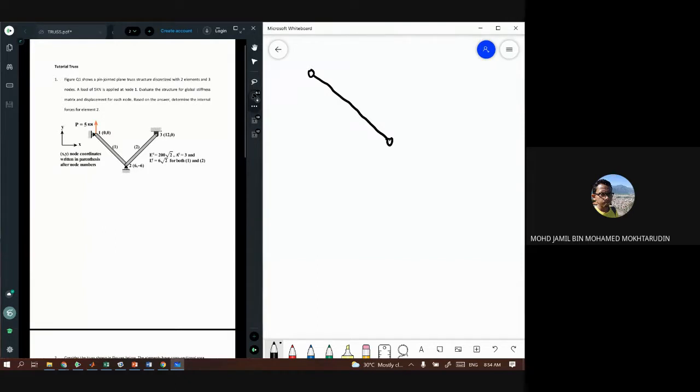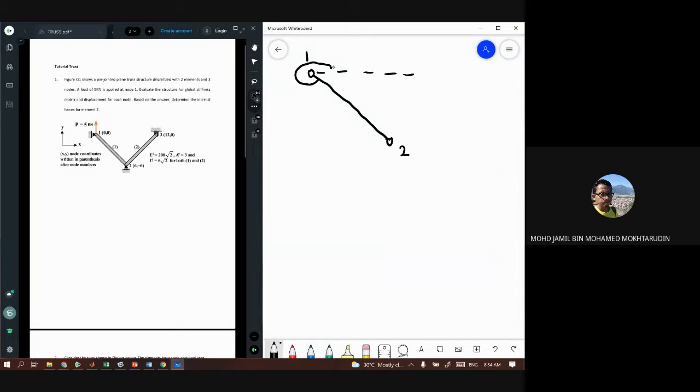So this is bar number 1. You need to look at the angle made by node number 1, the smaller node. In this case, you need to measure the angle from the positive x-axis.